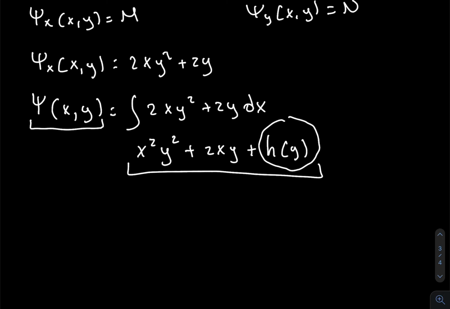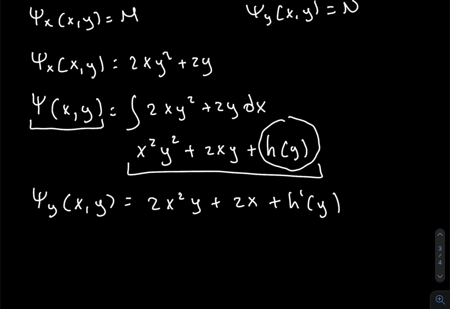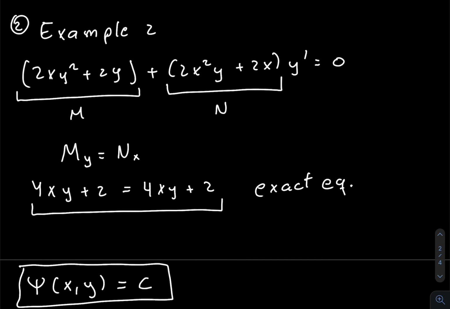So in order to do that, we're going to find the partial derivative with respect to y, and this will be just 2x squared y plus 2x plus h prime of y. And this must be equal to our n function according to this part here. So let's see what n is.